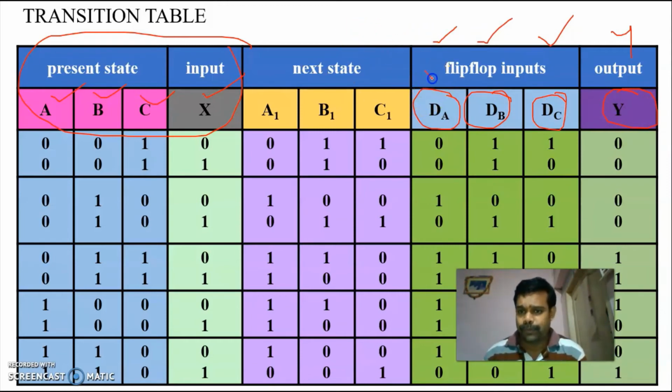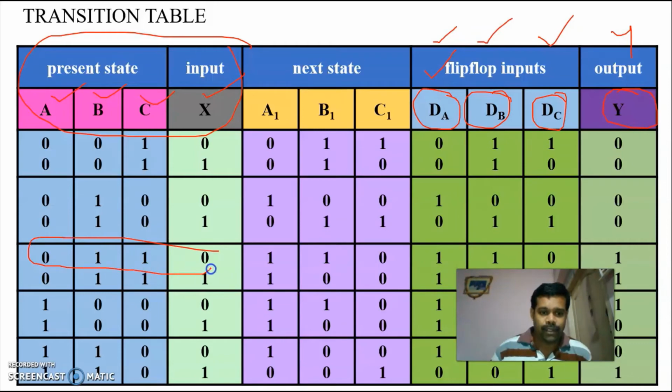Then how to get the value of dA? For the K map for dA, you have to check the column of dA, and wherever you have one, for that particular input, you put 1. That is nothing but 0 1 1 0, so in the K map you put 1.